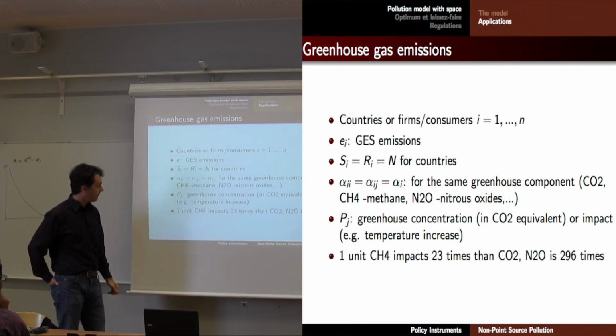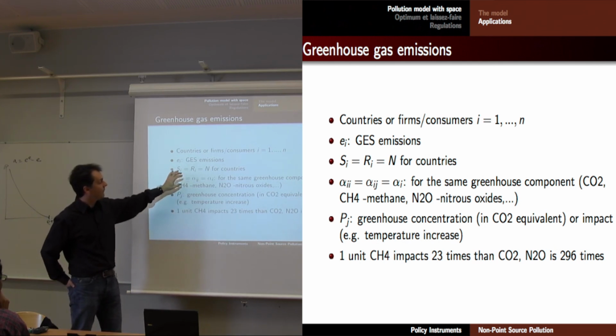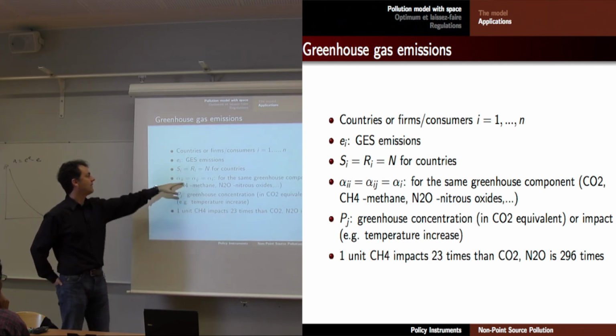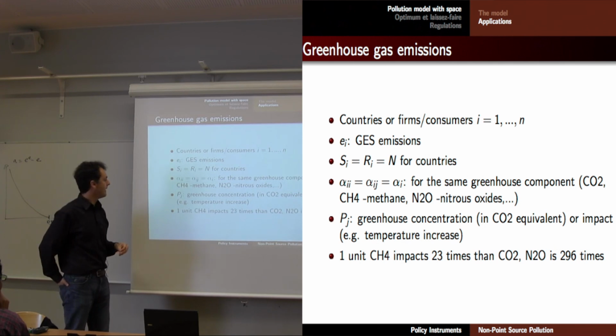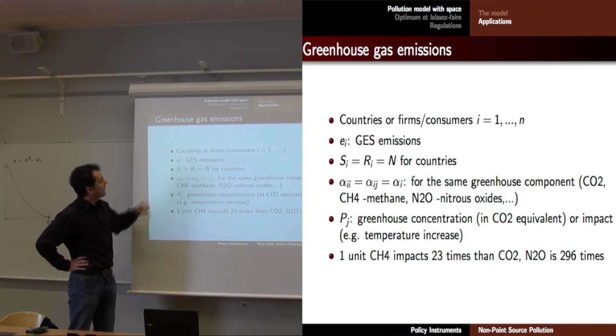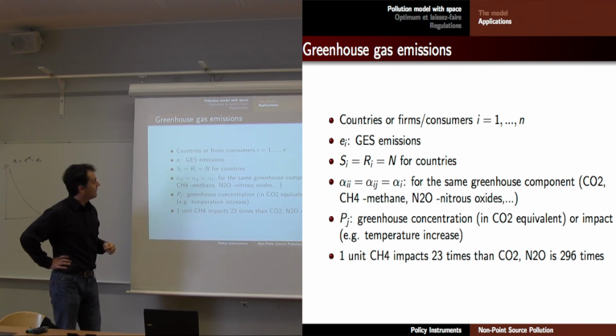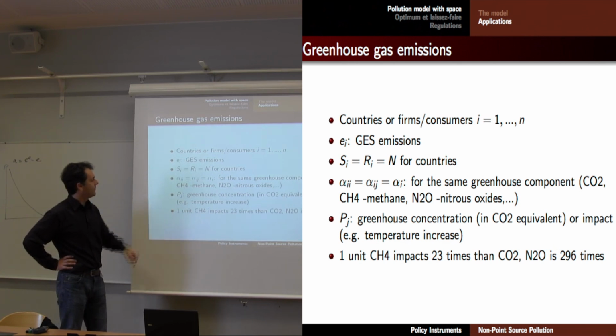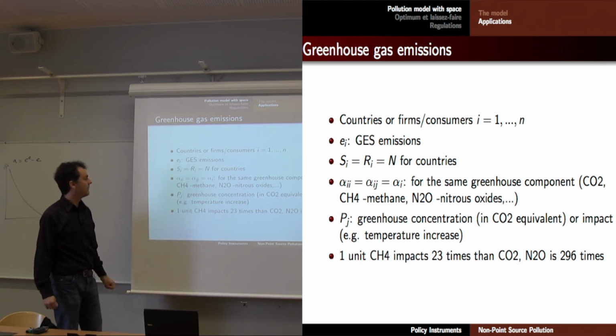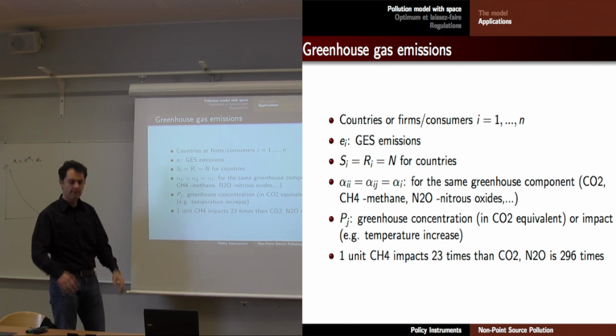But if you measure in terms of CO2 equivalent, you get the same transfer coefficient. And then emission Ei will be the greenhouse gas emission, and PGi will be the greenhouse gas concentration in the atmosphere within the country.